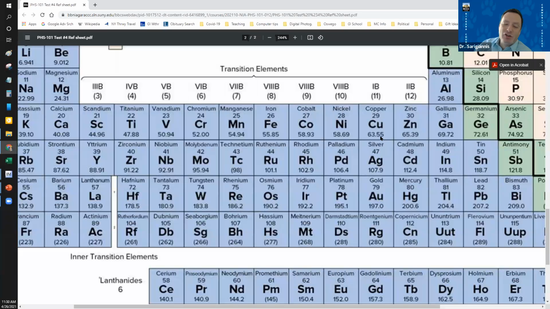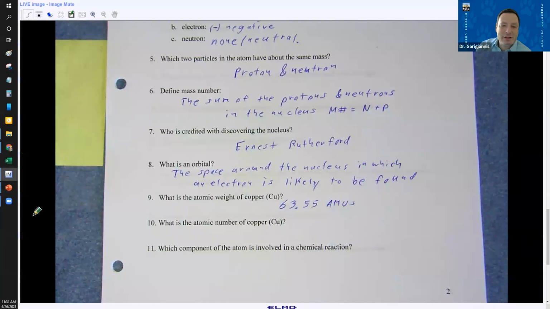So if you were to go out into nature and dig up a sample of copper that's representative of all the copper that exists in nature, it would consist of different isotopes of copper, 63, 64, I don't know if there's a 65, and they statistically average out to 63.55 AMUs. So that's right here.